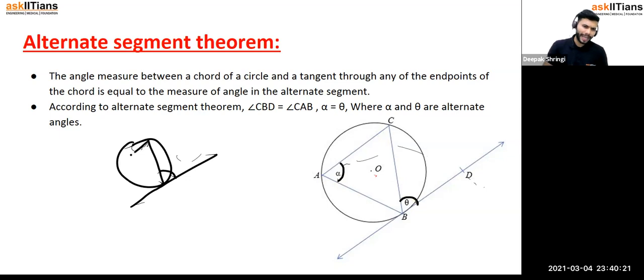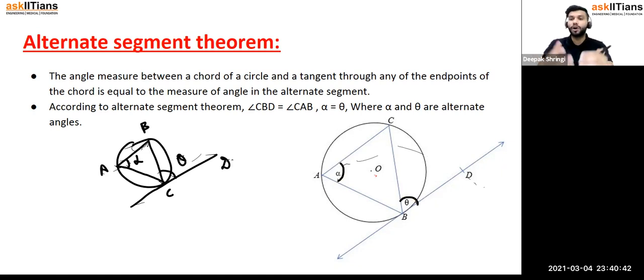And now this chord makes an angle in the alternate segment. So let's say this chord makes an angle over here like that. The chord is BC. So what is the concept over here? That the angle BAC and the angle BCD, let's say, are equal to each other. So if this is alpha in the figure and this is theta, right, these two angles will be equal to each other. That is the concept of the alternate segment theorem.